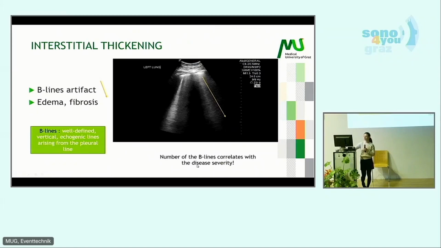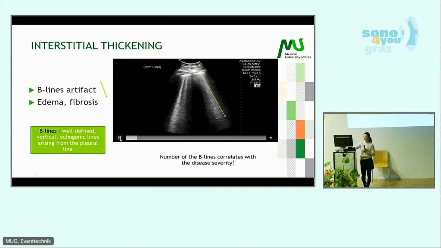So when we objectivize something, we can follow it. When our patient is doing better, inflammation values are going down, we are going to look at this ultrasound, and we will not see so many B lines, but for instance, 3. So he's doing better. We can objectivize it.